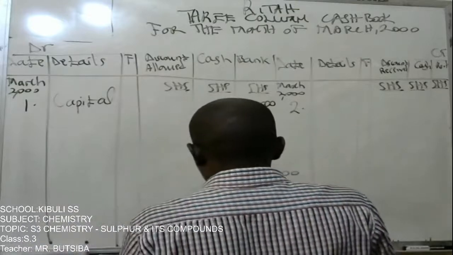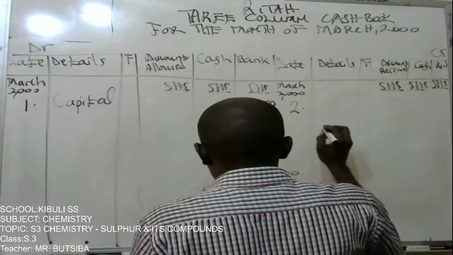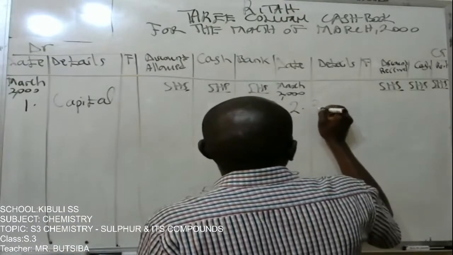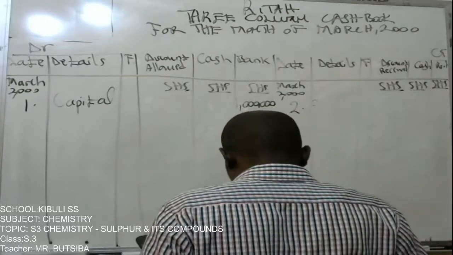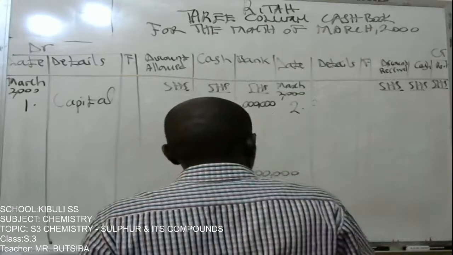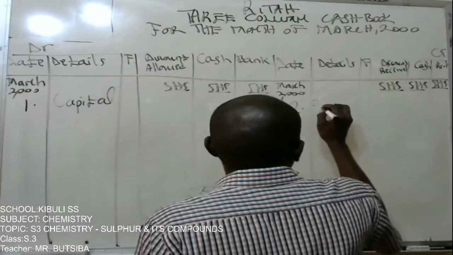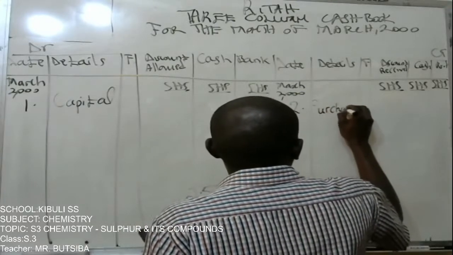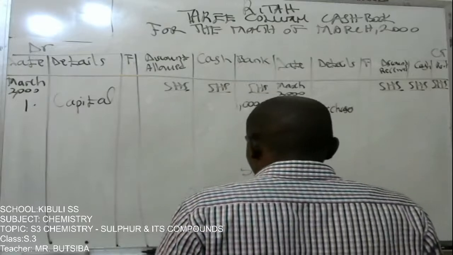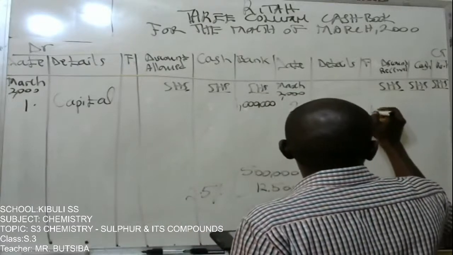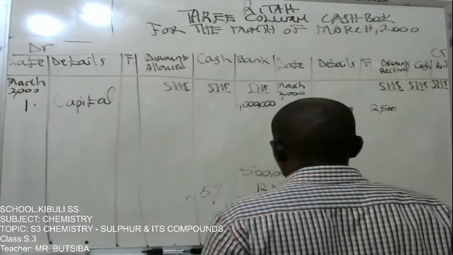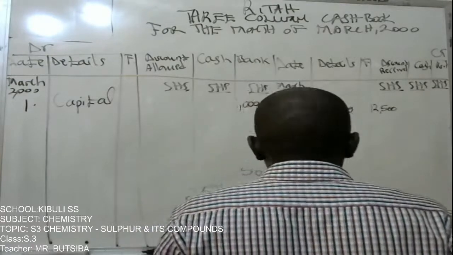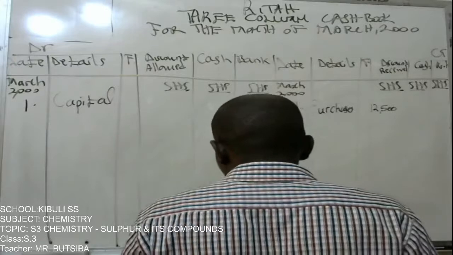So you have your purchases here. The discount is 12,500. That's the discount we received. So now how much money did we actually pay?